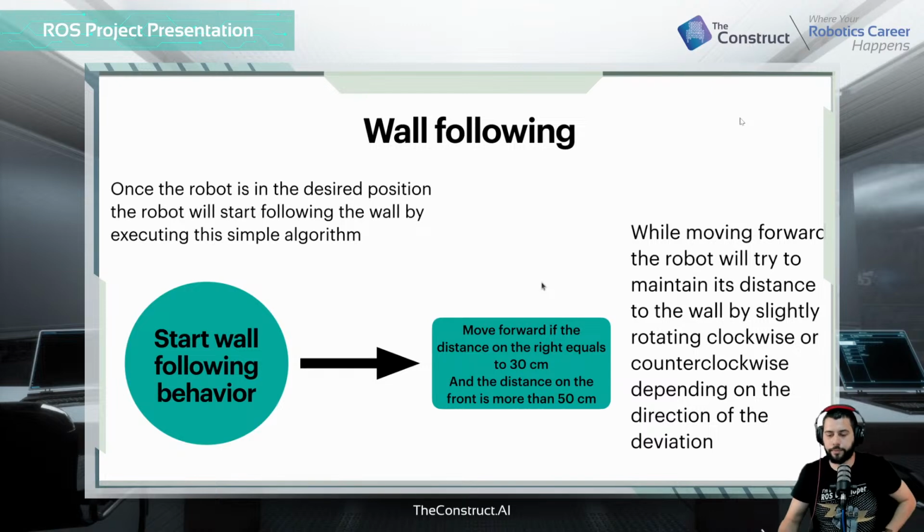It'll get less or more than that, and the distance to the front has to be more than 50 centimeters. And while the robot is moving, we're going to have a little deviation, so we'll move slightly to the right or to the left to stay on a straight line.